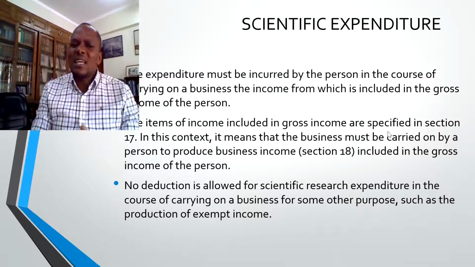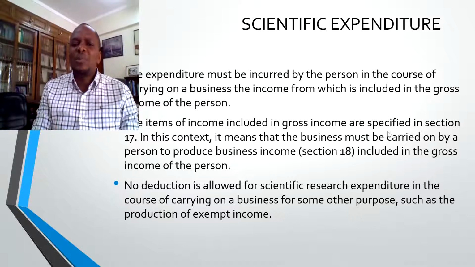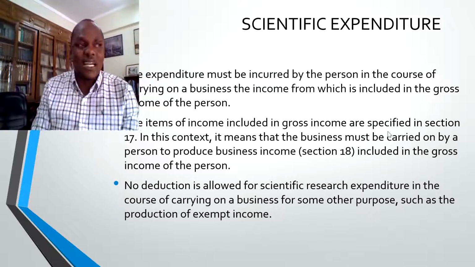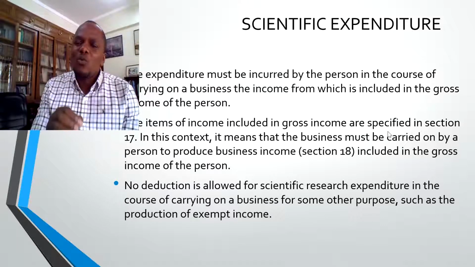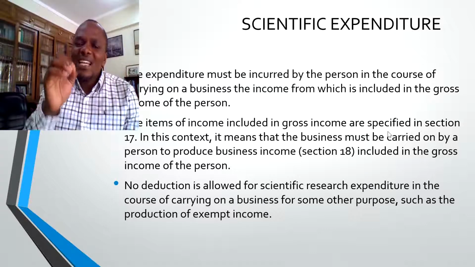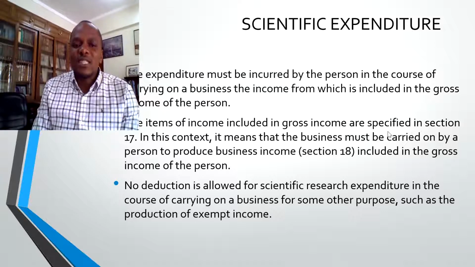Of course, just like any other expenditure, for a scientific expenditure to be allowed, the expenditure must be incurred by a person in the course of carrying on a business, the income from which must be included in the gross income. That's a key term whenever we are looking at any given expenditure. Remember, the expenditure must have been incurred in producing gross income.